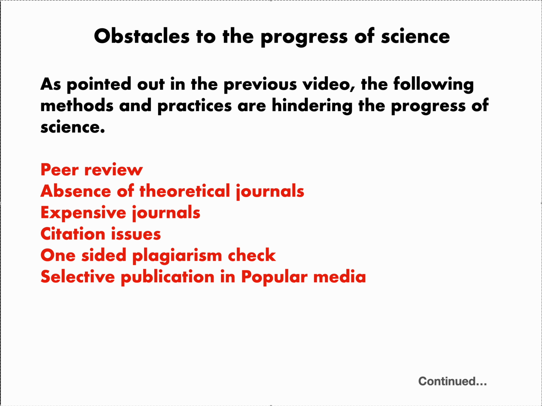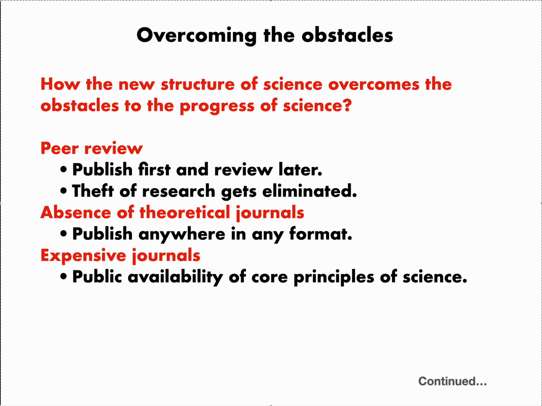As I discussed in the previous video, the main culprits are peer review, absence of theoretical journals, expensive journals, citation issues, one-sided plagiarism checks, and selective publication in popular media. These are the causes of stagnation of science in our present time.